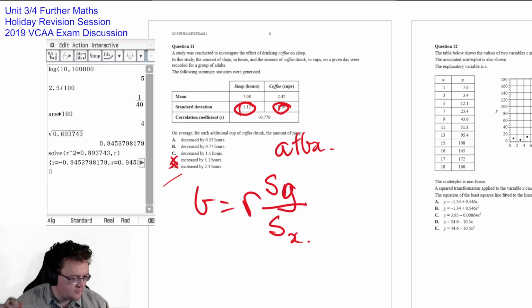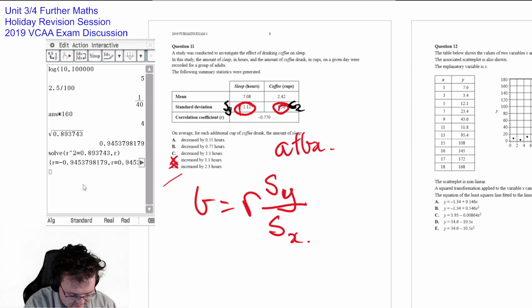So I think about it in terms of s response, s explanatory. In this case, this is s_y and this is s_x. So on our CAS, that's negative 0.77.